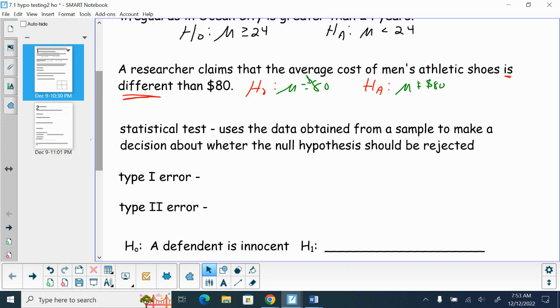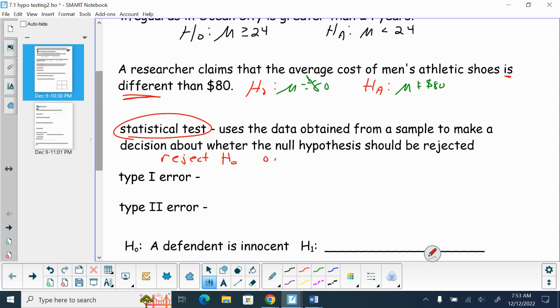A statistical test uses data obtained from a sample to make a decision whether the null hypothesis should be rejected. So we're going to do a statistical test, and we're going to come down to two solutions. We are either going to reject the null hypothesis or fail to reject the null hypothesis.